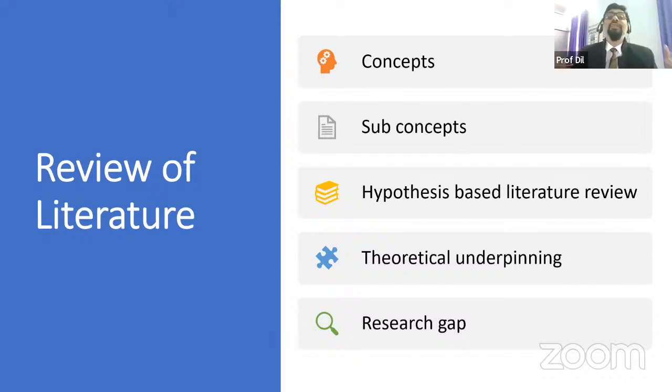If that's not there, you cannot pass it. As a reviewer, I look at how inconsistent literature has been incorporated by the author in the paragraph, and then: because of these inconsistencies and inconclusiveness, I am posing this hypothesis.